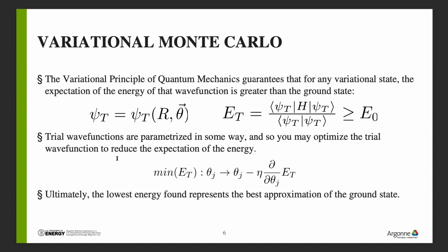So if you're able to update your trial variational state and minimize the energy, you can get closer and closer to the ground state energy. And the wave function that you arrive at is actually unique. It's the ground state, and the lowest energy found is the best approximation. So if you can minimize this problem with some variational state, you can get a good approximation of the ground state energy.